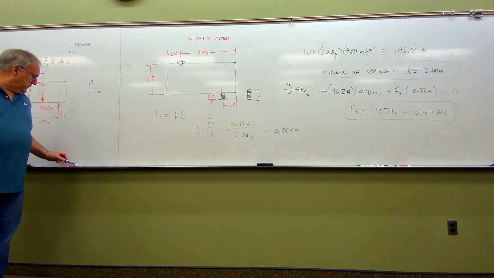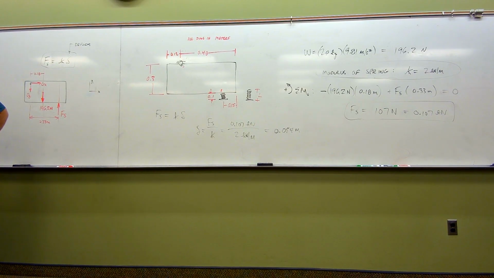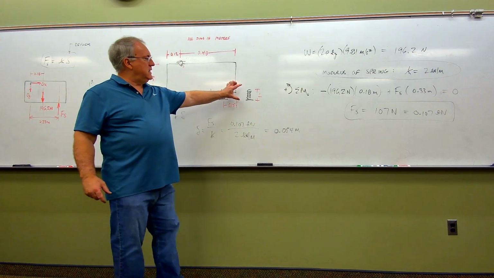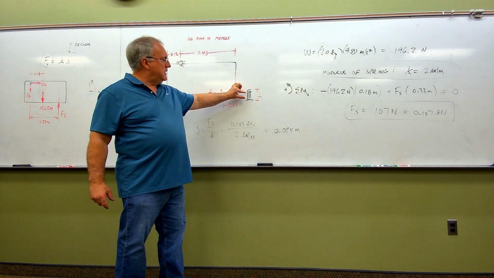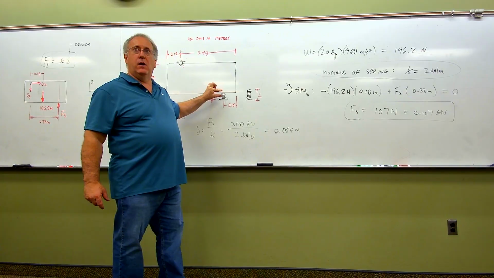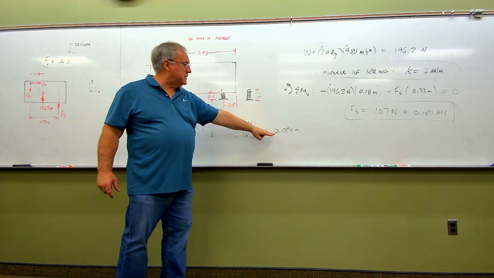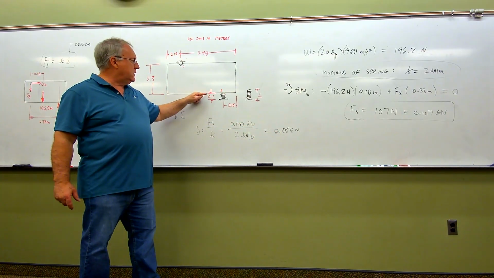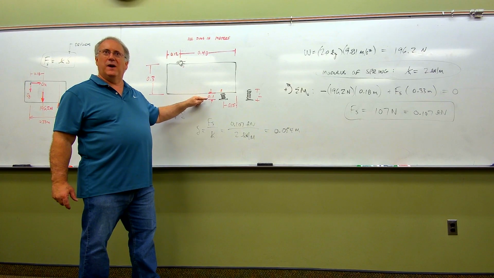So now the question becomes, what does that mean? Is that the answer to the problem? Well, it turns out that's not the answer to the problem. That's actually how much I needed to deform this, how much I needed to squeeze this down to get it to fit into here. But when I squeezed it down, this amount of deformation, I had 0.1 meters left over, right?